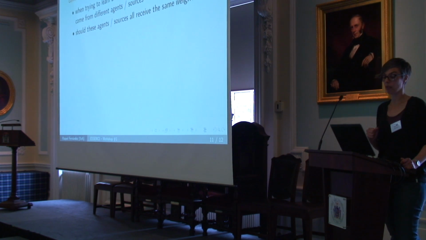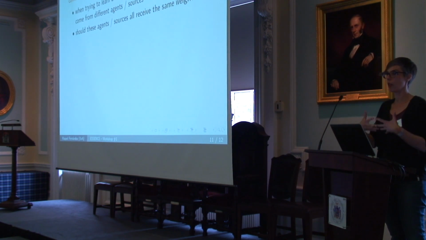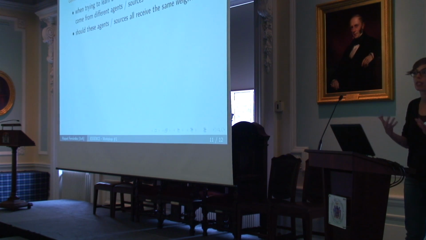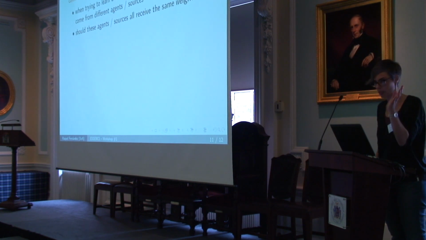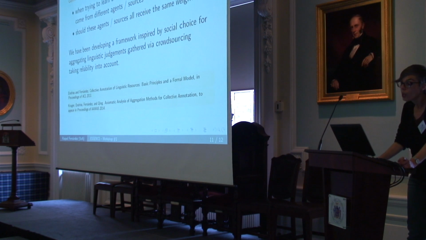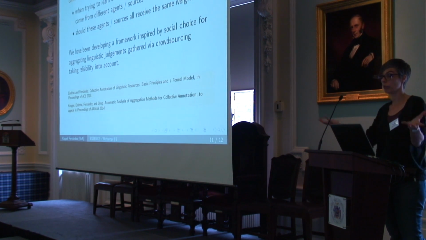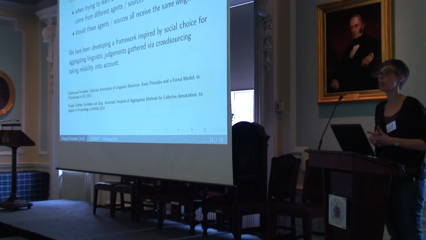So one question we may ask is whether we are going to give the same weight to the input that comes from different agents, or whether we want to make some distinctions here. How are we going to learn from this diverse input? There are many ways in which one could explore these issues. At this point, we have been developing a framework where we use crowdsourcing data, so we gather judgments, in this case linguistic judgments, but this is not at all limited to linguistics.